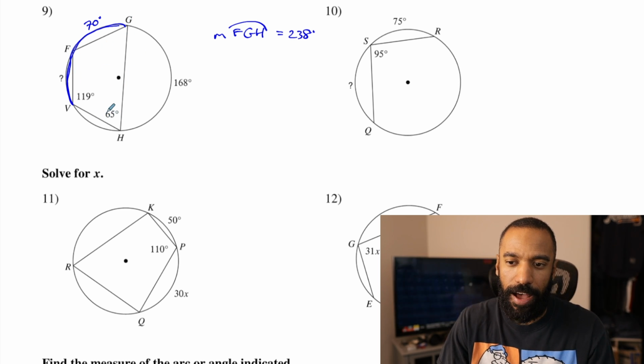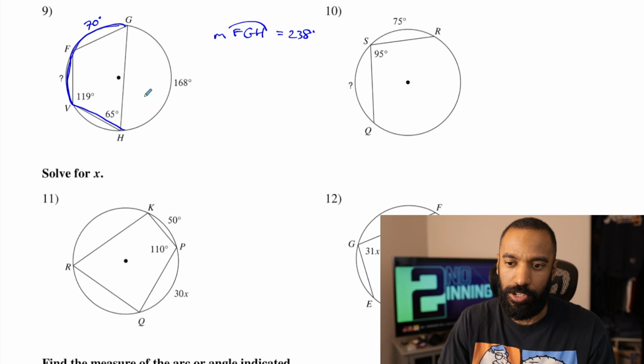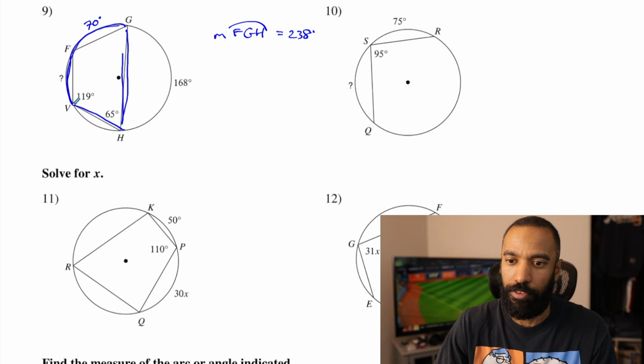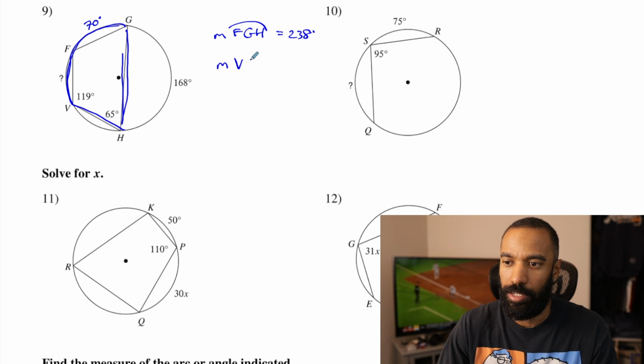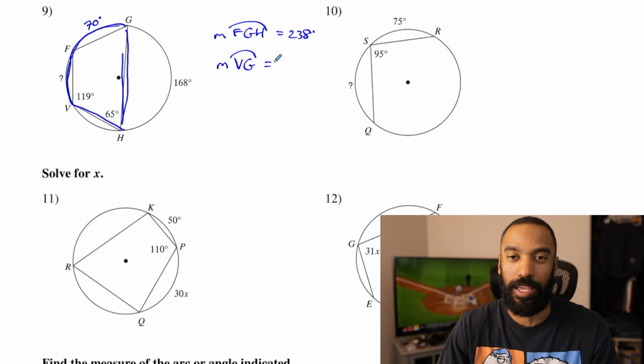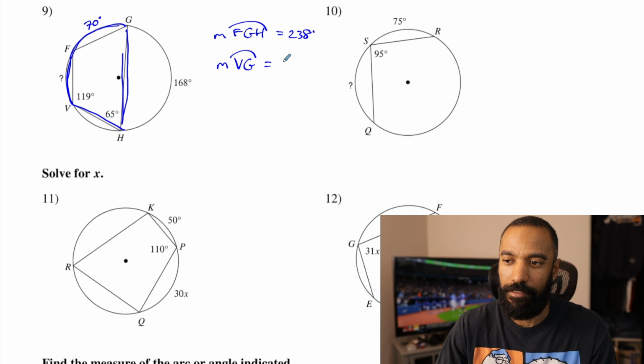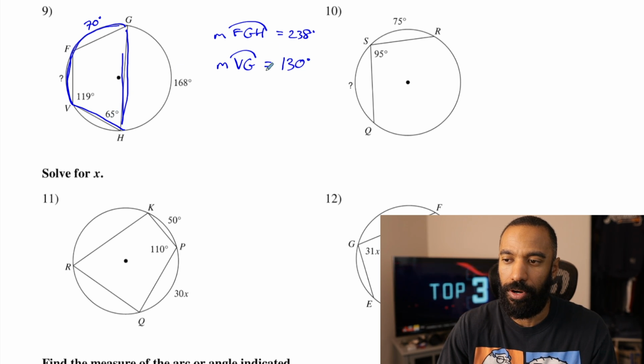Well, 65 degrees is this inscribed angle right there for this intercepted arc. So if I doubled the 65 degrees there for measure of arc VG, we will get, whoops, not segment. I'm doing a lot of segments for my Integrated Math 1 classes, so we're doing triangle congruence proofs right now. That's going to be 65 doubled, which is 130 degrees.